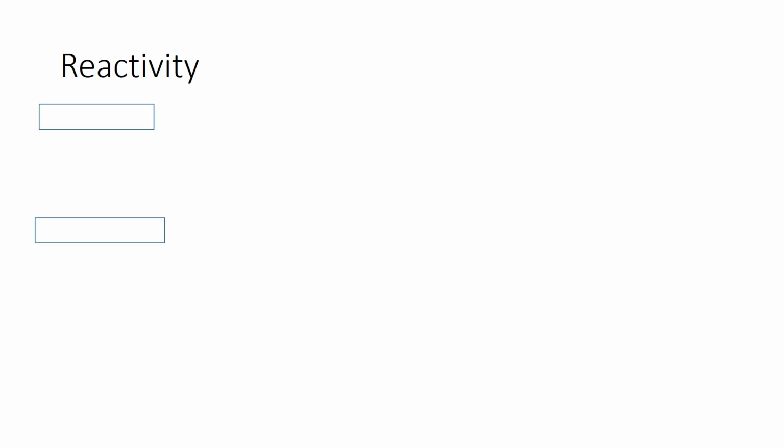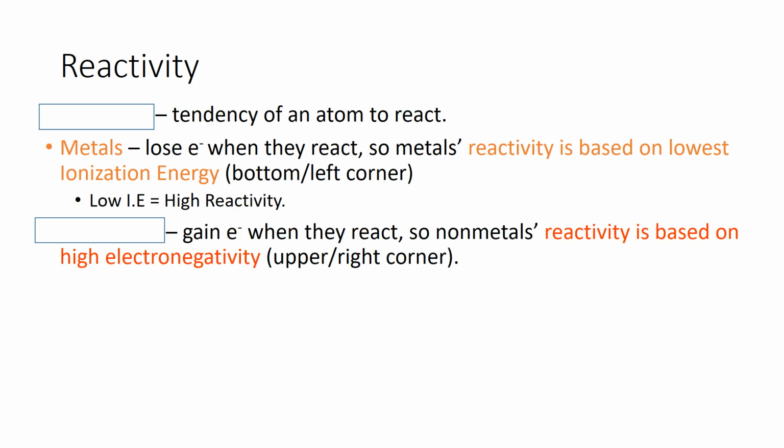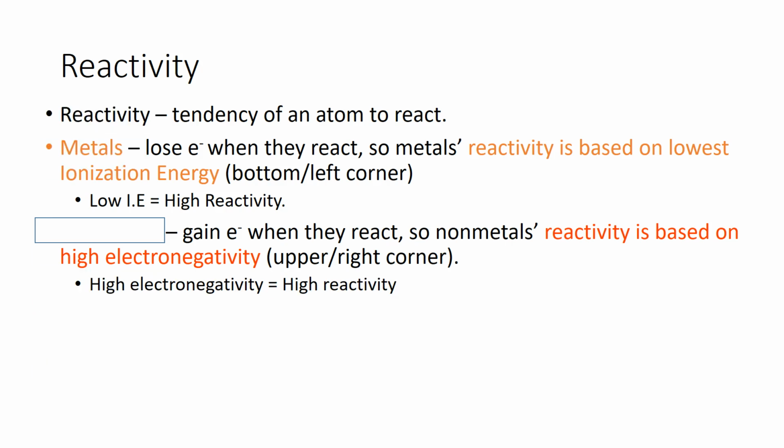All right. So that leads us into reactivity. Reactivity has to do with the tendency of an atom to react. As I said before, metals tend to lose electrons, and that's based on the fact that metals have lower ionization energy. So they're more likely to form positive ions, cations. A very low ionization energy means it's going to be highly reactive.